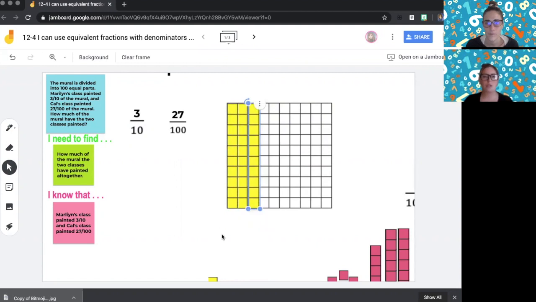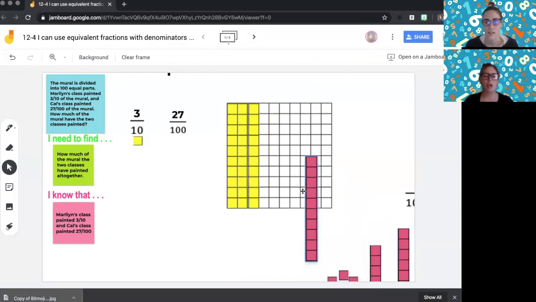That represents 3/10. I also know by looking at the hundredths grid that 3/10 is the same as 30 hundredths, because if I were to use unit cubes, hundredths cubes, and I put 30 in, that would be the same as 3/10.